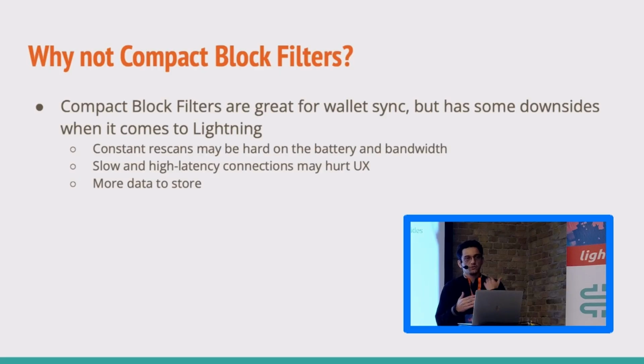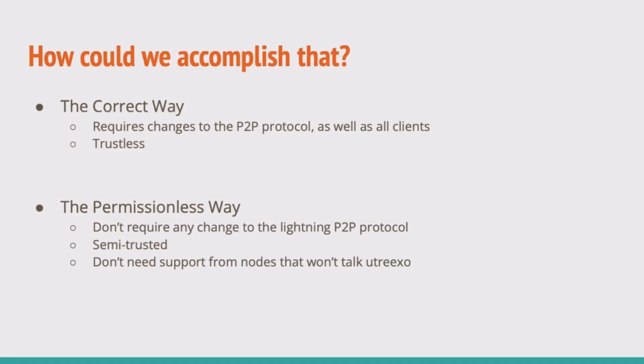You need to wait a lot to synchronize the gossip. And there's more data to store. You need to store at least the filter headers. So it's not fun. It's not great. There are some wallets using it, like Zeus, for example. But I hear complaints about compact block filters, and for this specifically, they are not great. They are great for syncing a wallet, but not really for finding UTXOs in the chain.